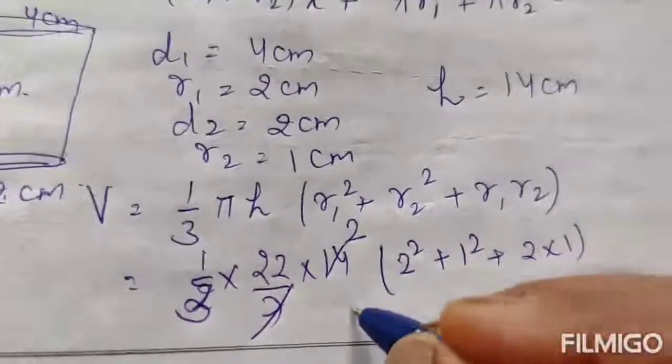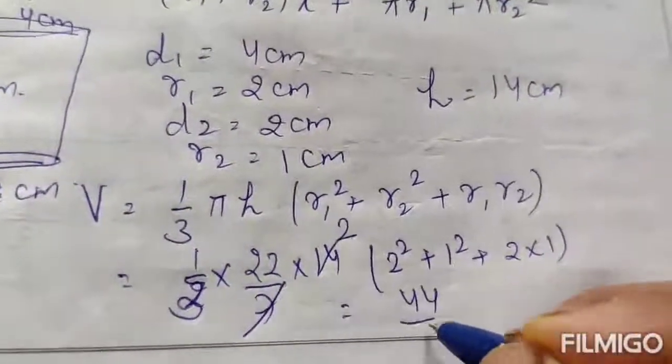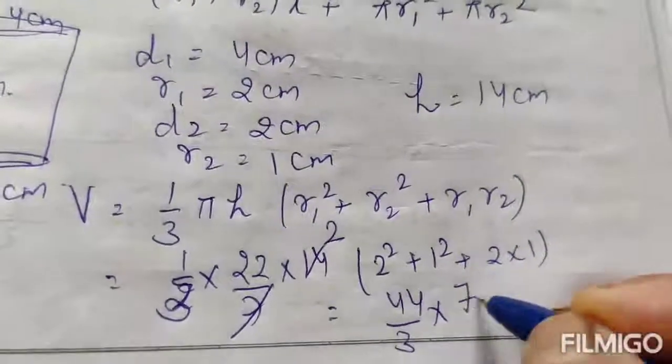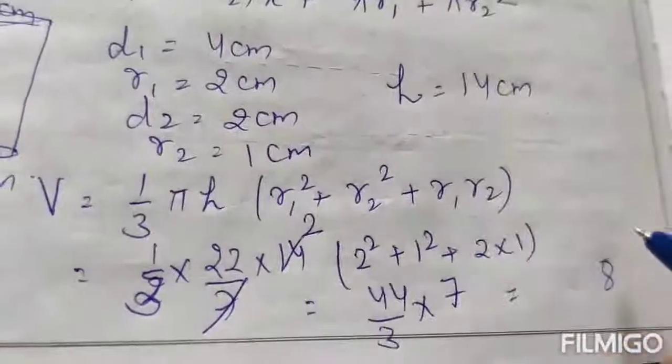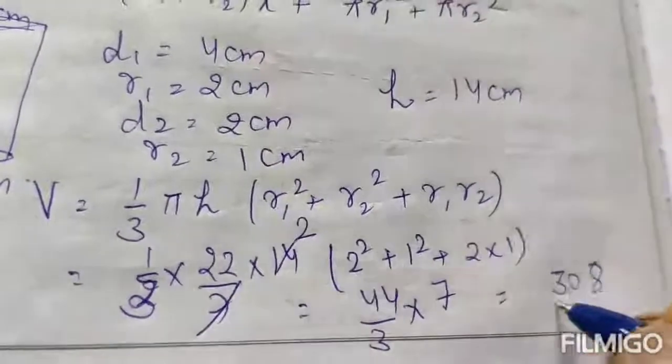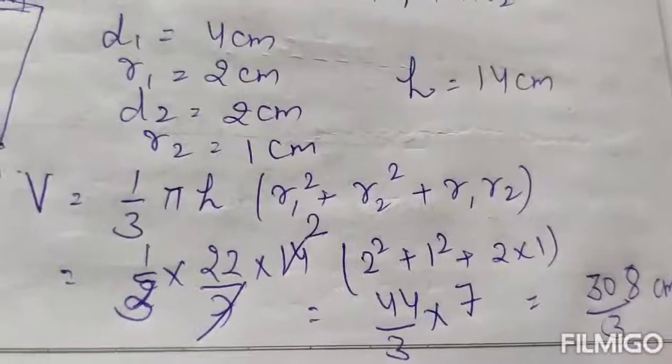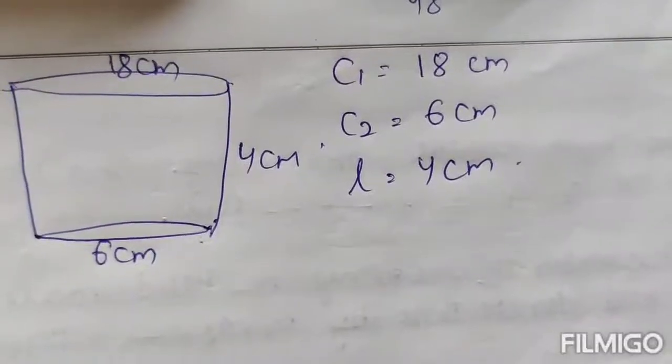Here it is 44 by 3 into 4 plus 1 plus 2, which is 7. 7 fours are 28, so 308 by 3 centimeter cube. This is the capacity.